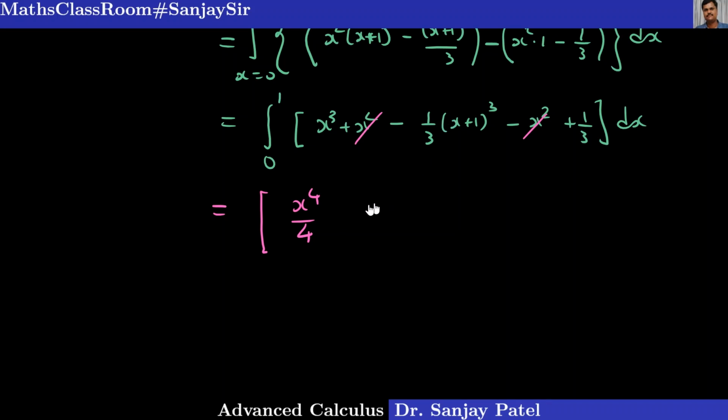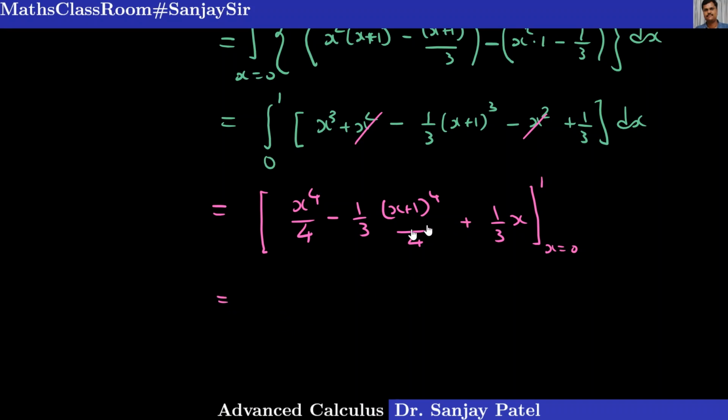Then the integral of (x plus 1) raised to 3, there is a minus sign, so I must write minus 1 by 3 into (x plus 1) raised to 4 upon 4, then plus 1 by 3 times x, and this is to be integrated with the limits x equal to 0 to 1.